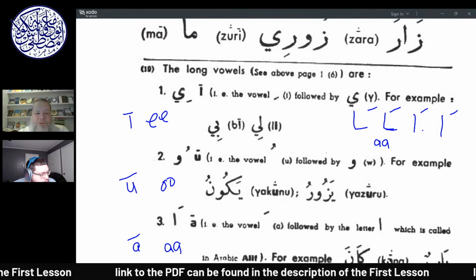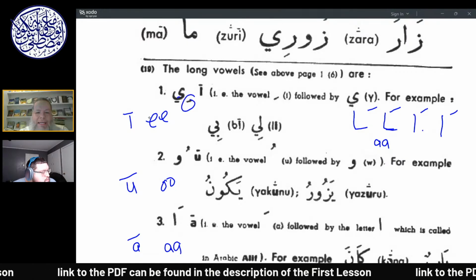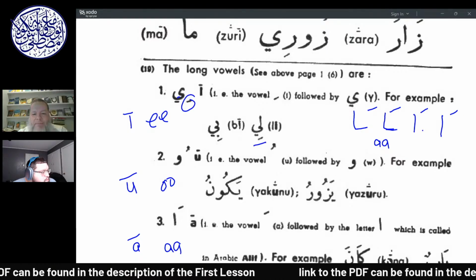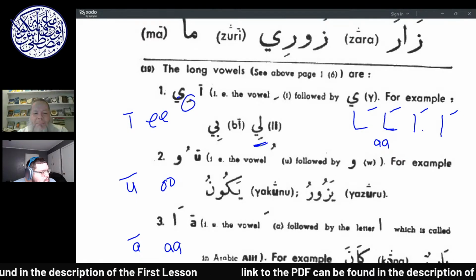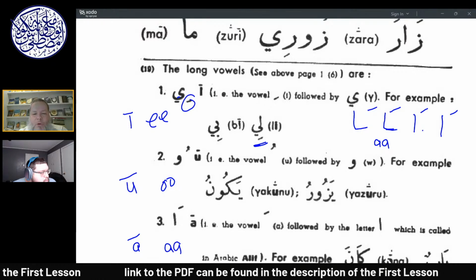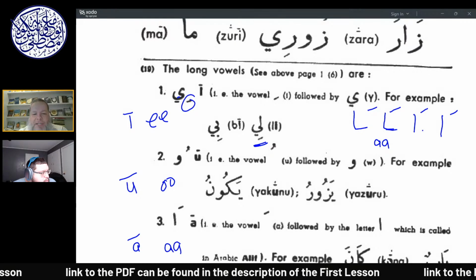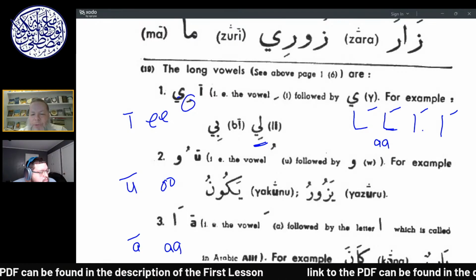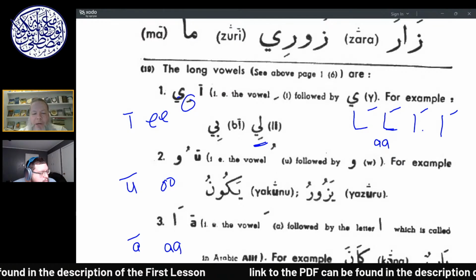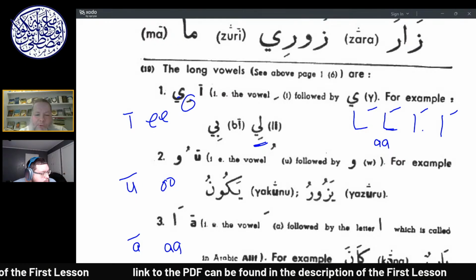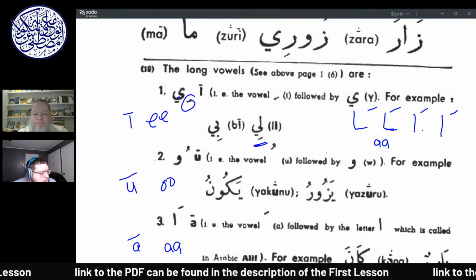So a kasra with a ya is going to be an E, such as in li and b. A dhamma with a wow is going to be oo, such as in yazuru, and yakunu. Yazuru, yakunu. You hear the difference?